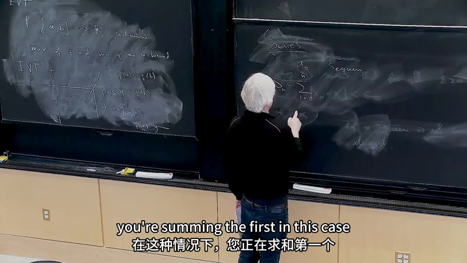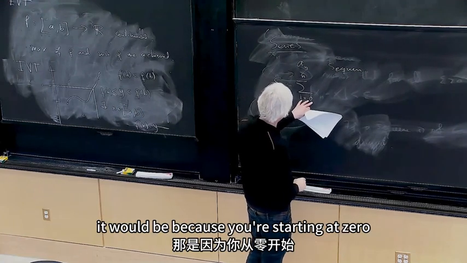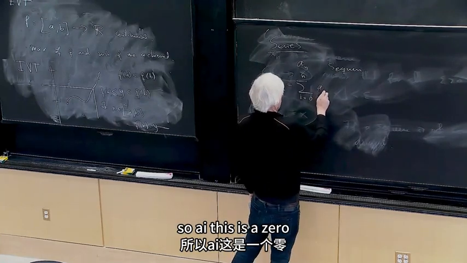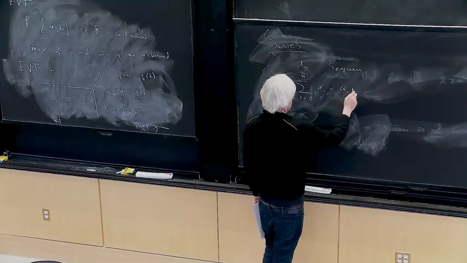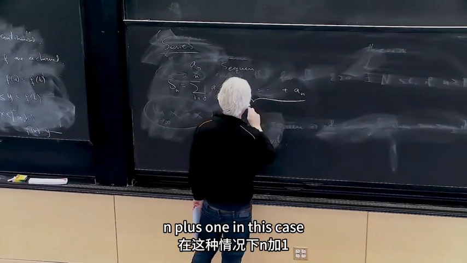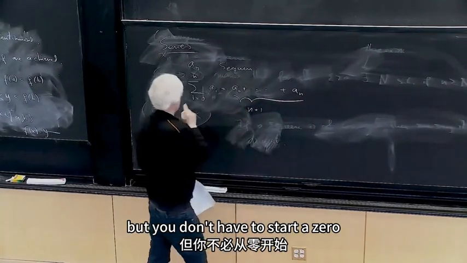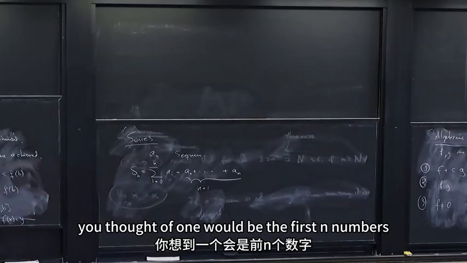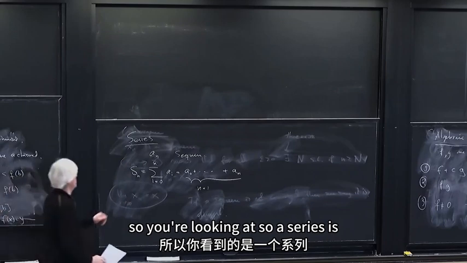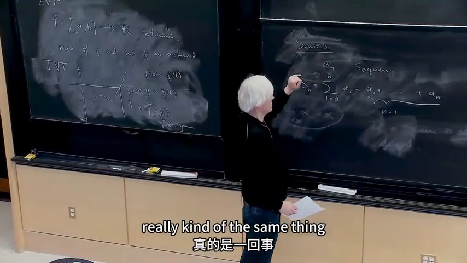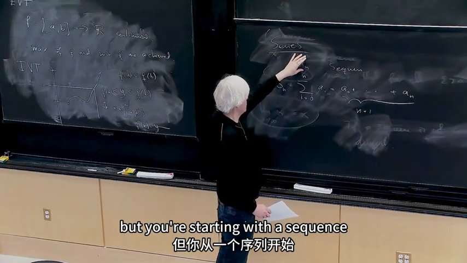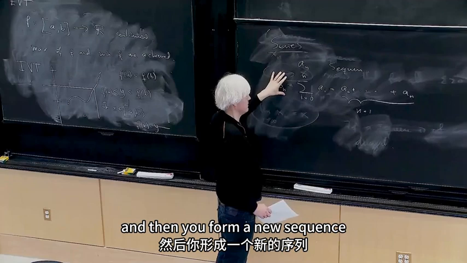You're summing the first, in this case, because you're starting at 0, the first n plus 1 terms: A0 plus up to An. But you don't have to start at 0. If you start at 1, it would be the first n numbers. So a series is really kind of the same thing as a sequence, but you think about it a little bit differently, where you start with a sequence and then you form a new sequence.